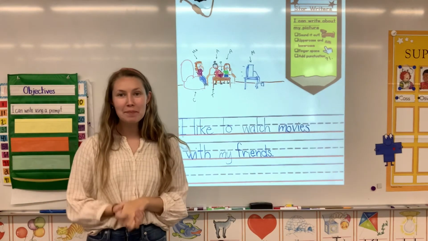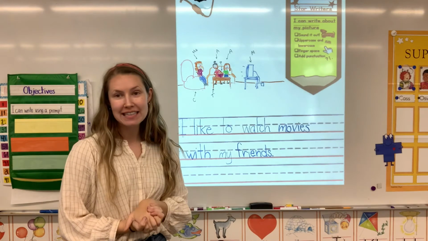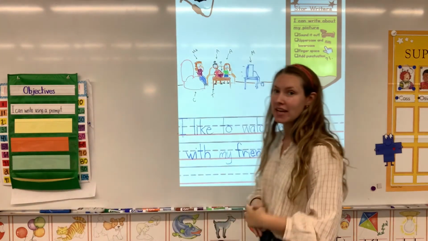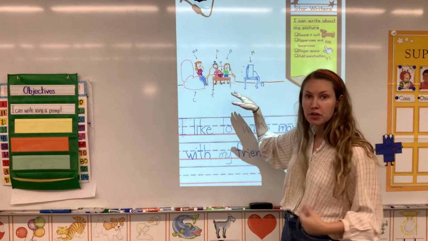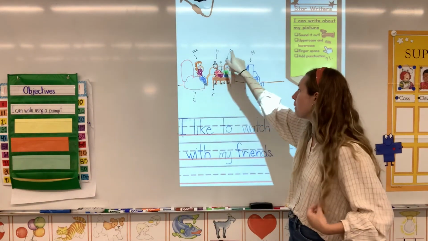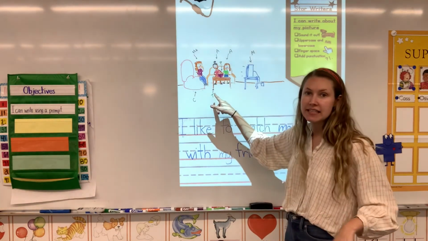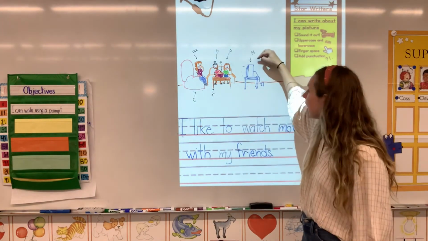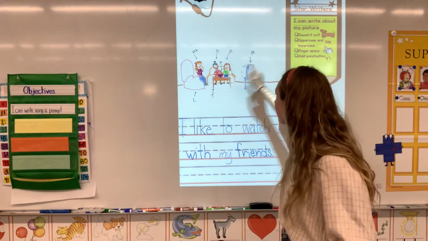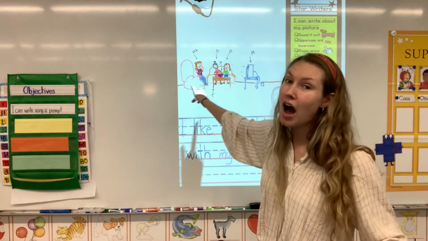Okay, so I finished my picture and I drew my friends and I watching a movie. So you can see that I added me. I did labels, so I used the first letter of my friends' names. I had a T for table, a C for couch, an M for movie, and I drew some popcorn.